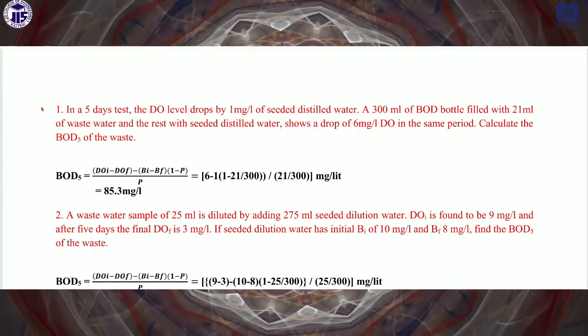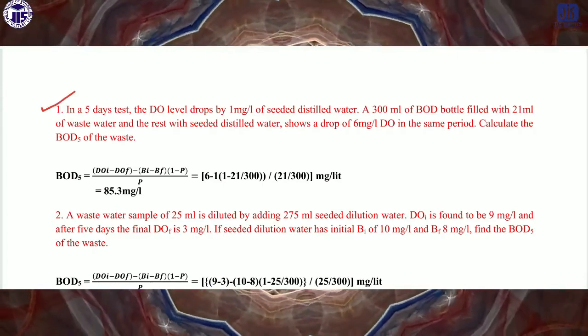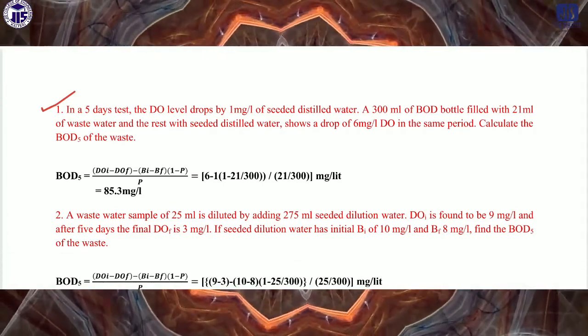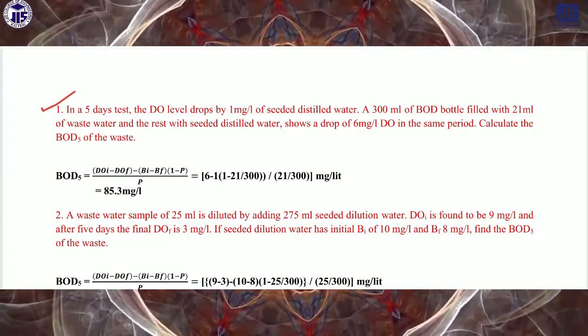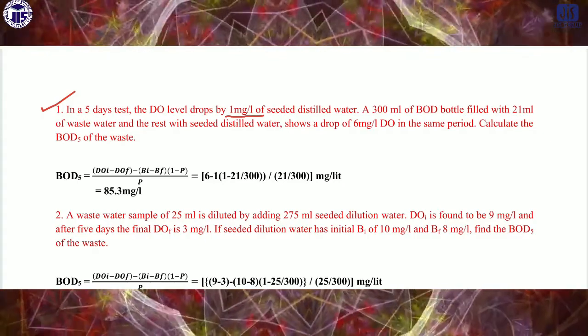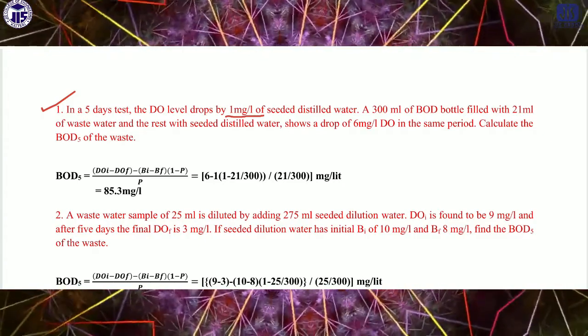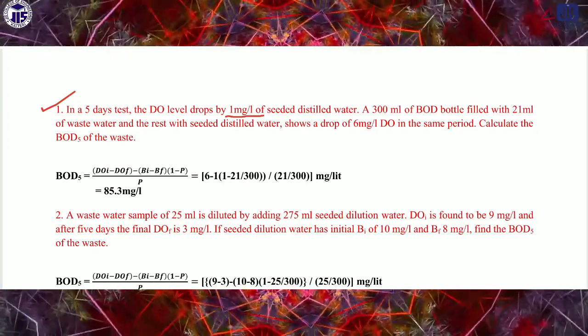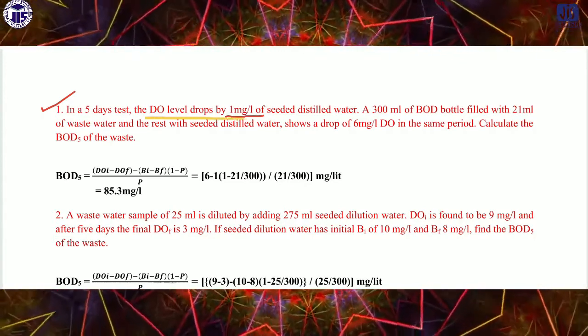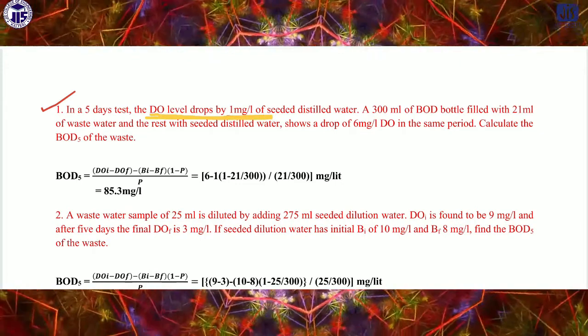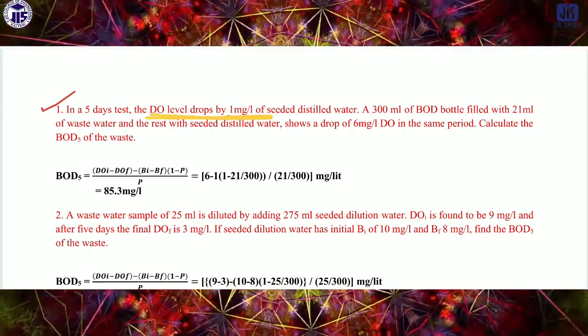Here it is written that in a 5 day test, the DO level drops by 1 milligram per liter of seeded distilled water. First of all, try to understand.